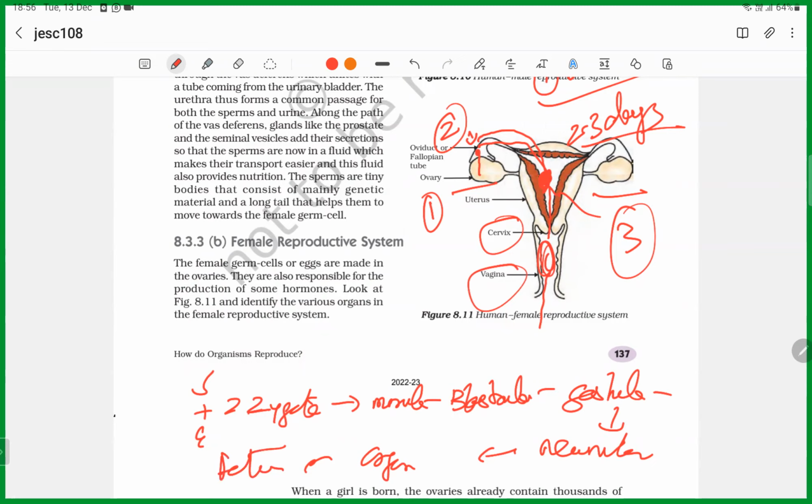Okay, so these are all the developmental stages of pregnancy. So fertilization, zygote, morula, blastula, 7 days. After 7 days of fertilization, blastula attaches to the endometrium, and then gastrulation, neurulation, organogenesis, everything. It takes 9 months for the fetus to develop. Okay, 9 months for the fetus to develop.